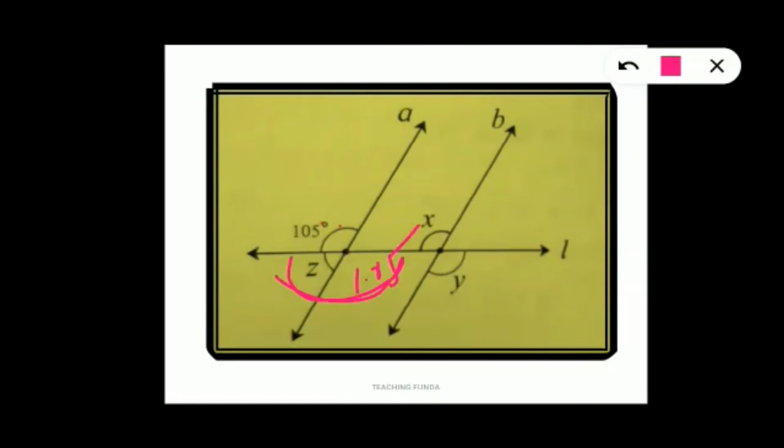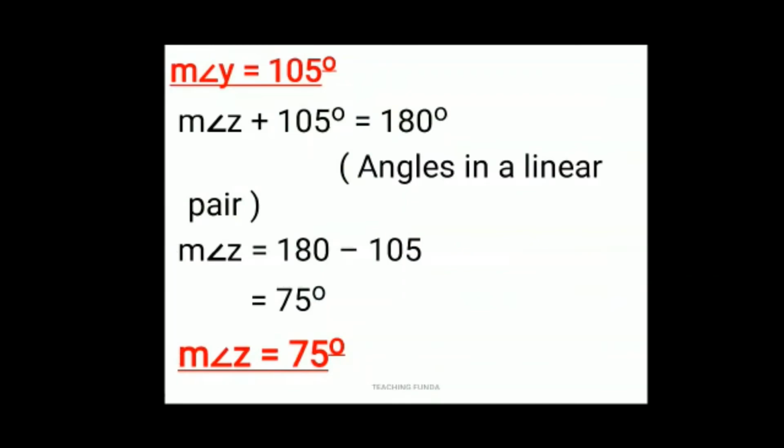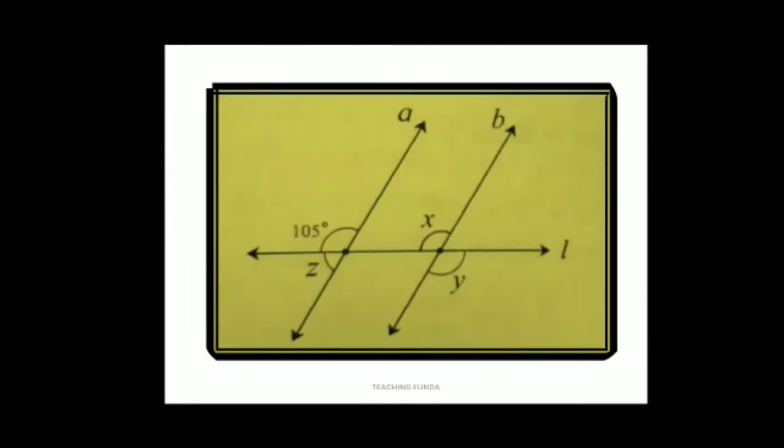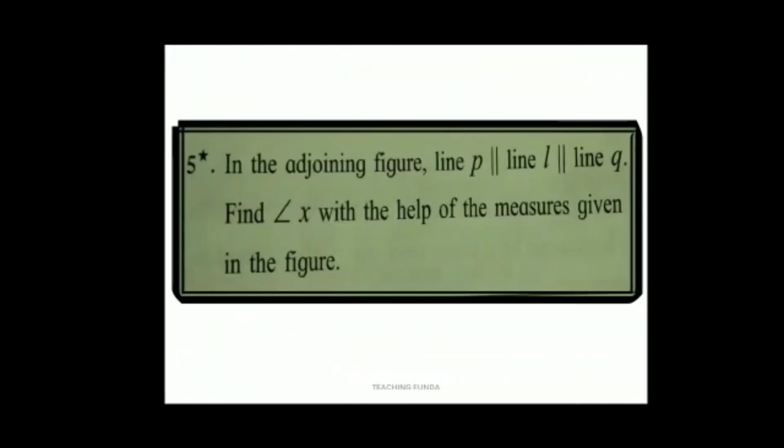Angle Z plus 105 is equal to 180 degree, because these are linear pair angles. So angle Z is equal to 180 degree minus 105, which is 75 degree. That's why angle Z is 75 degree. In this figure you are getting all the angles, and it is a very easy sum. By observing the figure only you can give the answers.